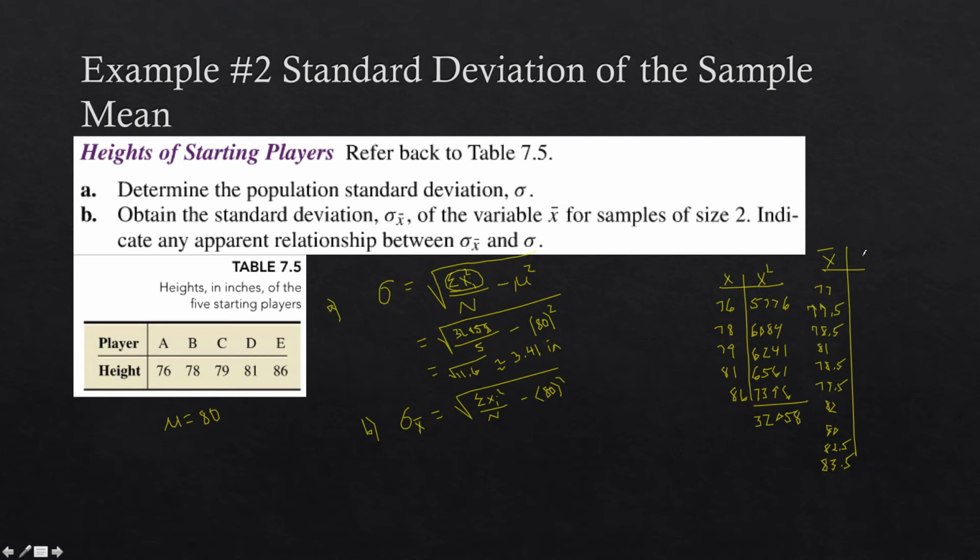Alright, so we need to figure out what these are squared. So 77 squared gives you 5929. 77.5 squared is 6,006.25.